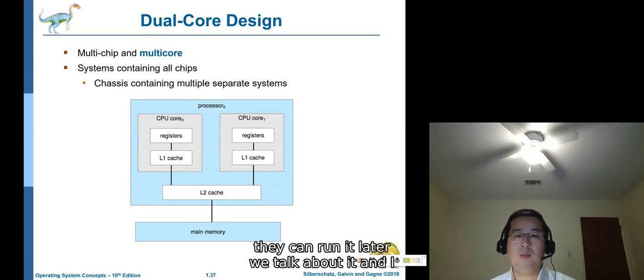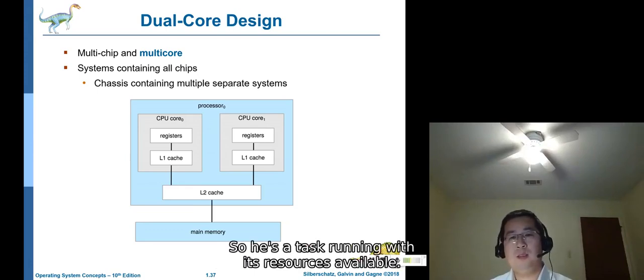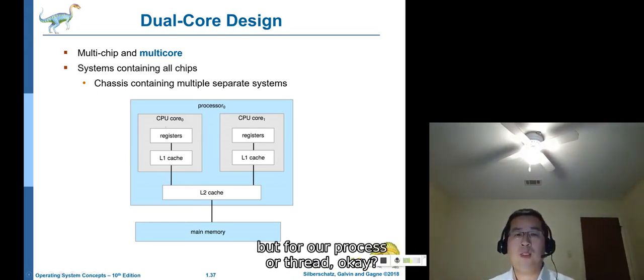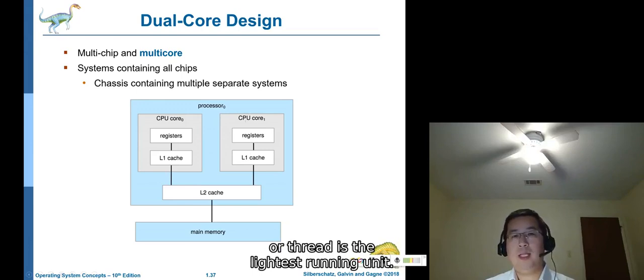Later we talk about this; the task should be renamed to process, because a task unit is a static concept, but a process means it's running. So it's a task running with its resources available. That means it's available to run a process or a thread. This one can also run a thread, and a thread is the lightest running unit.